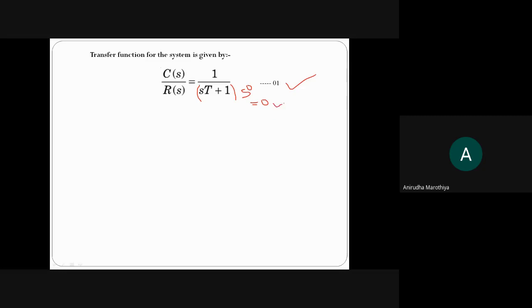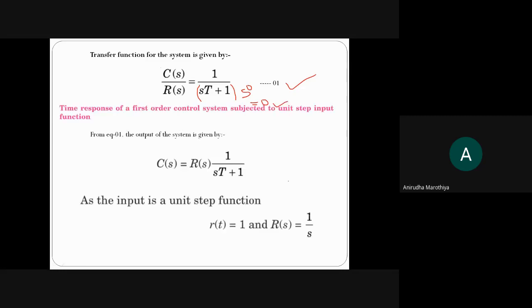And in a type 0 system, we select the input in the form of unit step excitation. In case of unit step excitation, we definitely need to calculate the value of the positional error coefficient, which is nothing but Kp. To calculate that Kp, we need to apply the formula limit s tends to 0, G of s into H of s. First of all, we need to calculate the value of G of s.